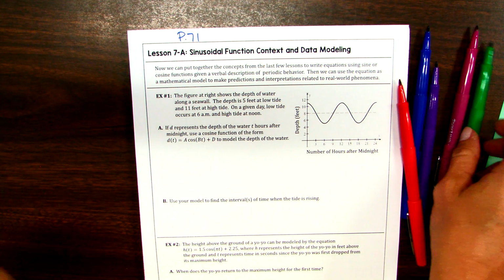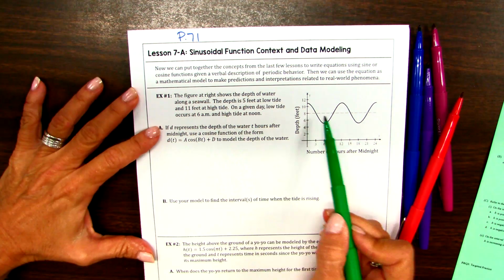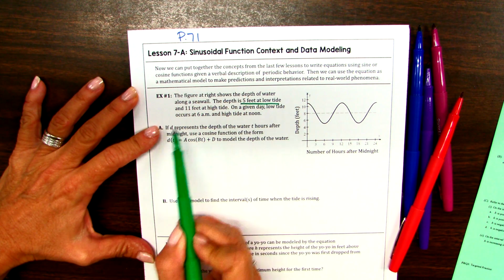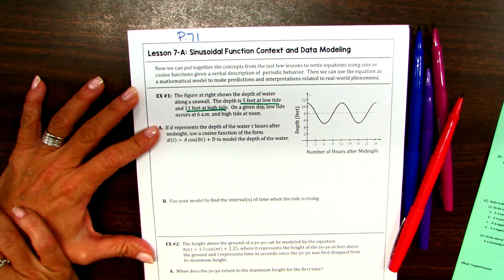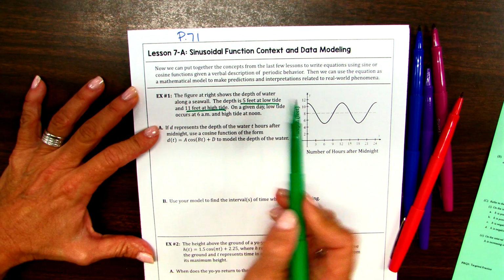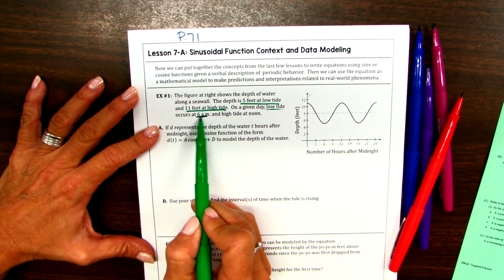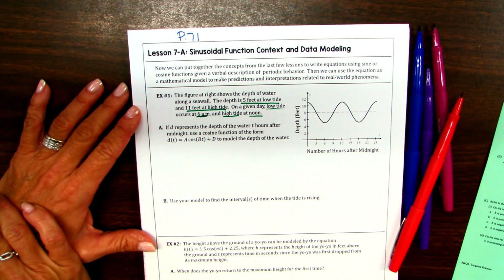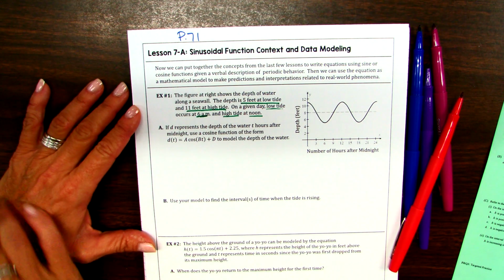All right, so let's look at example 1. The figure at the right shows the depth of water along a seawall. The depth is 5 feet at low tide and 11 feet at high tide. And on a given day, low tide occurs at 6 a.m. and high tide at noon. So being Floridians, this is kind of language we're used to, but it's in real world language, like low tide and high tide.